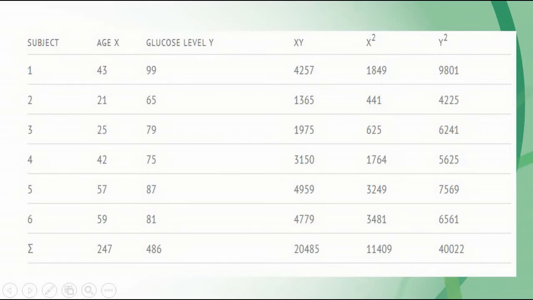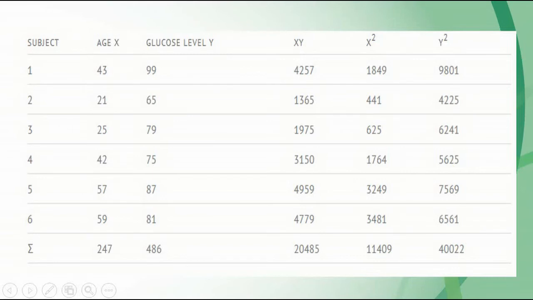For y squared, 99 squared is equal to 9,801. For subject 2, xy is 21 times 65, that is 1,365. For x squared, 21 squared is 441. Next, we square 65, that is 4,225.